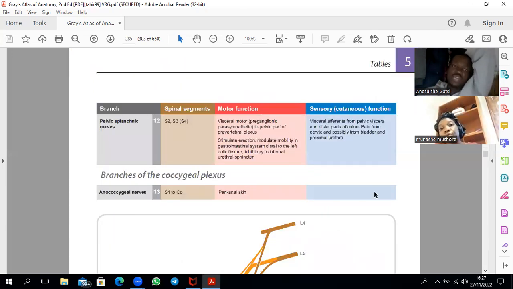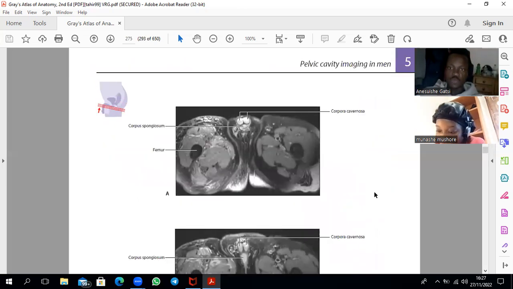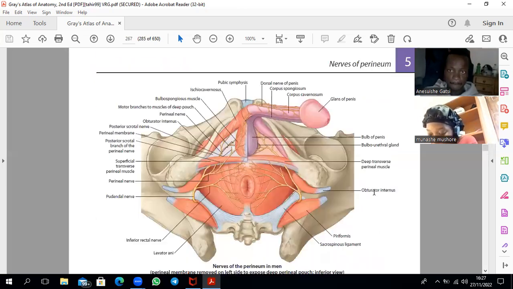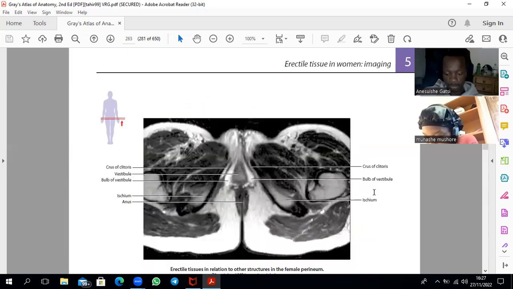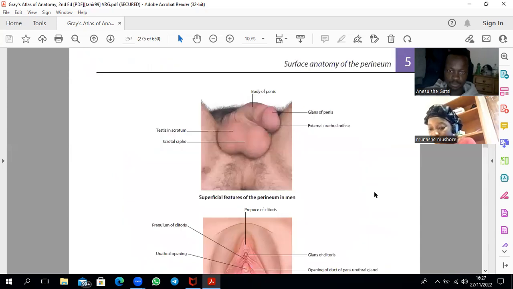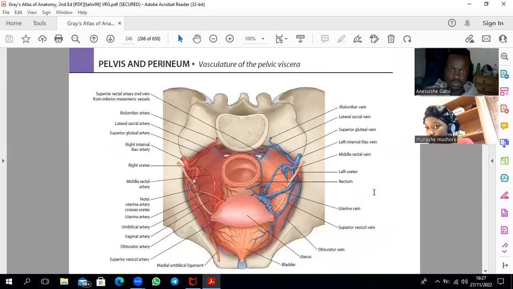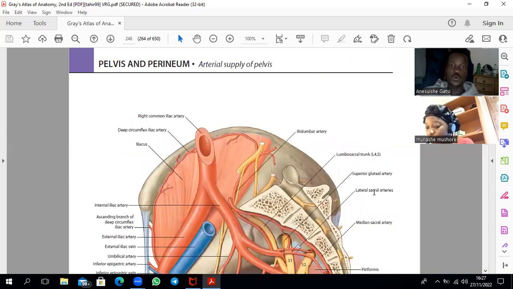Like you said, you heard about greater and lesser sciatic foramen. Why do we need the two foramen? They are for passage of vessels.